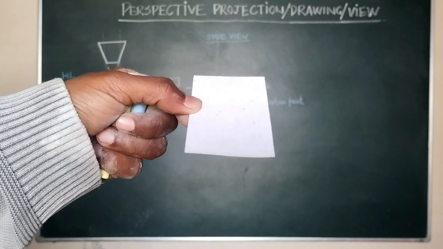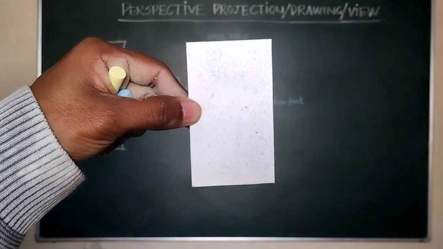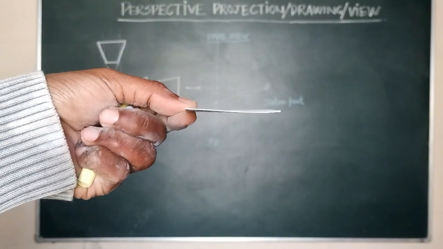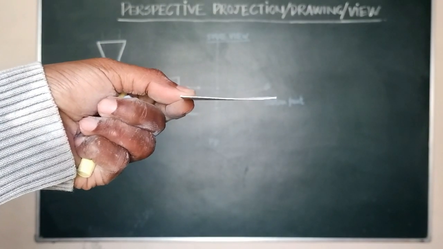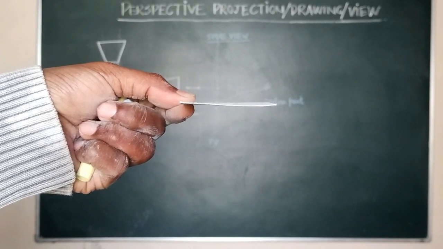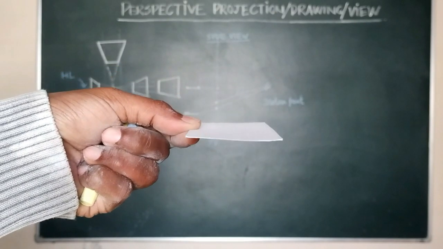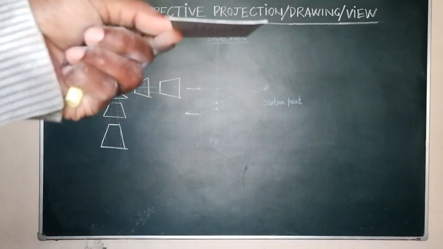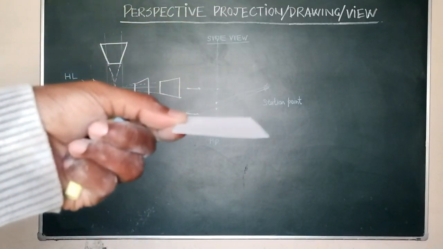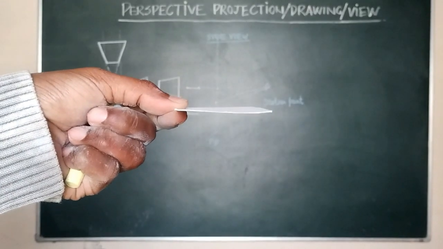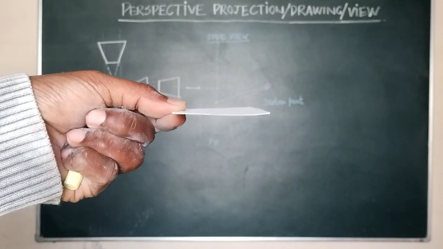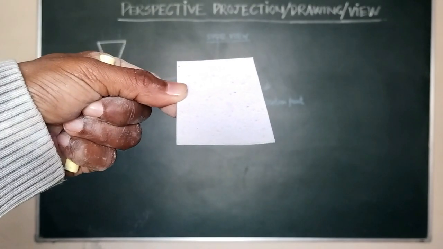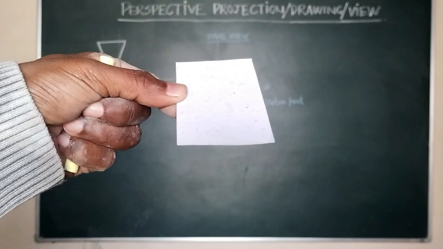Again, if you remember, in the first case I put the object vertical, in the second case I put the object perfectly horizontal. In the third case I am keeping the object perfectly horizontal but not at the eye level, somewhere here or somewhere here. Now in the fourth case I am keeping the object at the eye level but rotating it a bit so that the surface is making some angle with the horizontal plane.